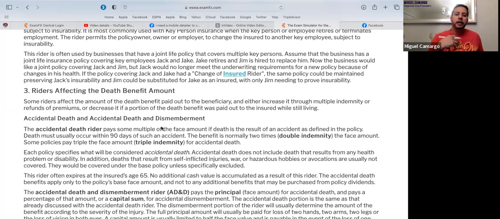This way, you have to die within 90 days of the accident. You have to die as a result of the accident, not as, hey, we get into an accident and then you go to the hospital and you die of pneumonia. You didn't die of the accident. The accident had to be the reason you died.